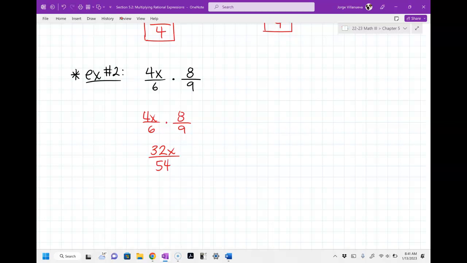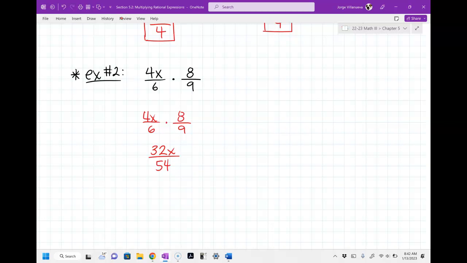Okay? Well, now I got to think of numbers that go into 54 and 32. Well, let's see. Factors of 32 are 1 and 32, but 32 doesn't divide 54, so I'm not going to use 32. 16 times 2 is 32. Does 16 divide 54?